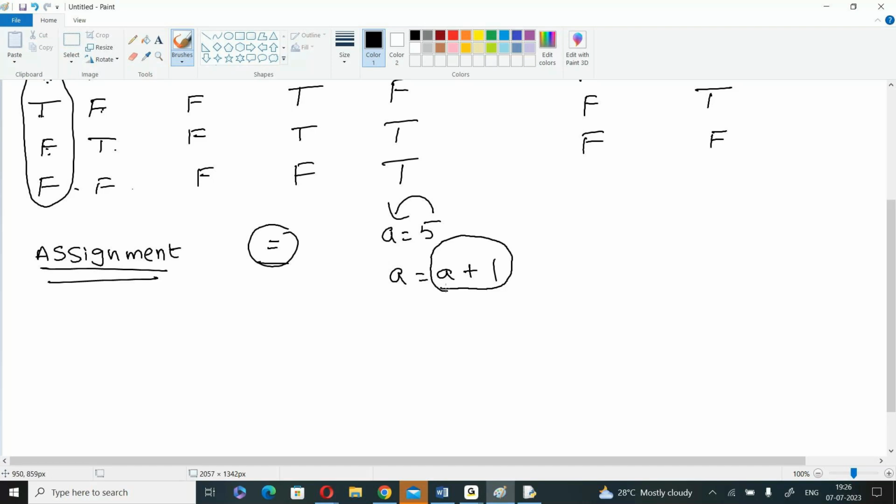Whatever expression is on the right side of the equal sign is evaluated and the value is assigned to the left side variable, A. First A value is 5, A equals A plus 1, so now A value becomes 6. That 6 is assigned to A. This is the simple assignment operator.